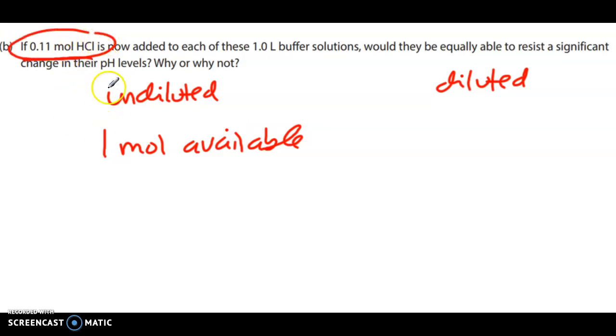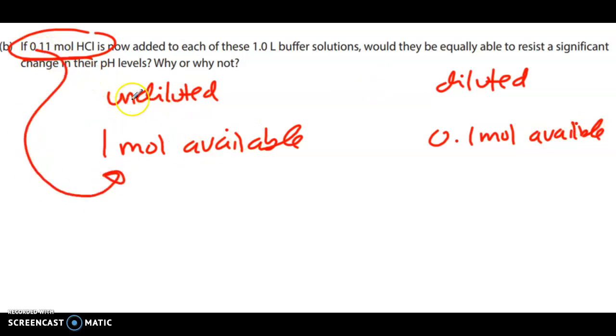So the other one is 0.1 moles, right? Which was our answer from A. So if you were to compare this, this first undiluted solution would actually be able to resist a drastic change in pH. And the reason why is if you look at the comparison, we have 1 full mole available, but we have 0.11 mole that are being added.